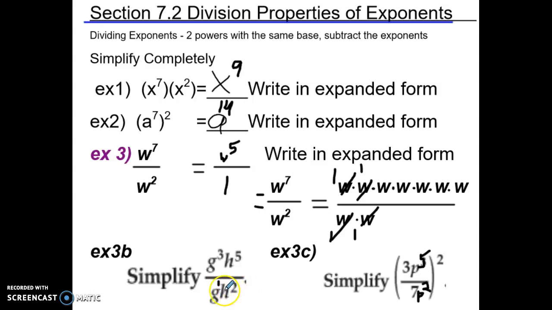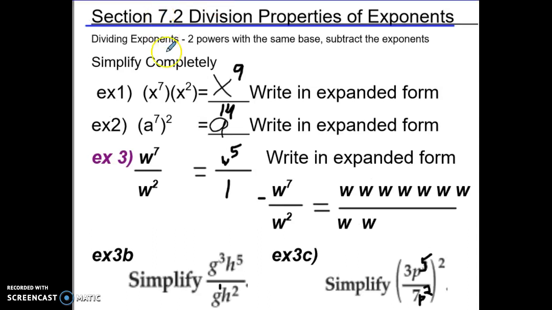Which one's bigger, g to the 3rd or g to the 1st? G to the 3rd. So when you subtract, whatever is left over is going to end up going in the top. So now you have to decide, does g go on the top or the bottom when you subtract g minus 1?